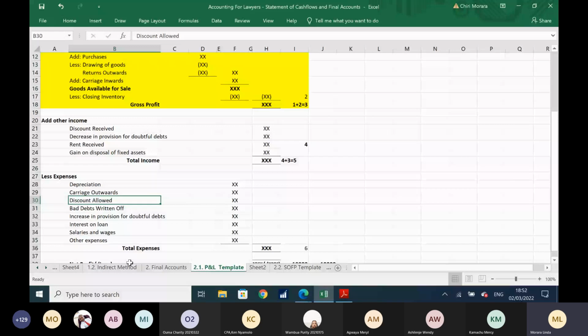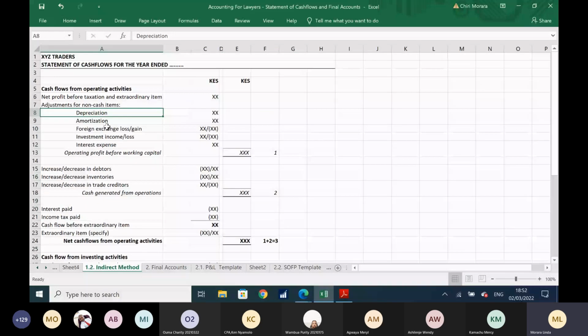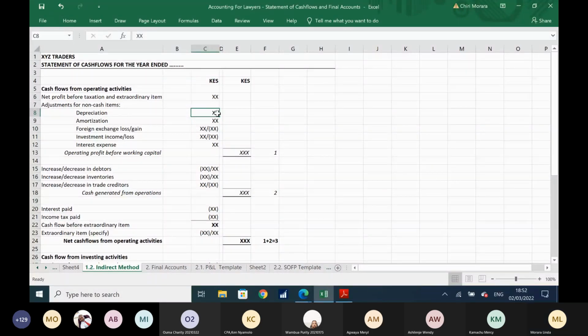So for the indirect method, you're adding it back, because to get this net profit I had already deducted my depreciation, but it is not a cash item. So for the purposes of my statement of cash flows, I should add it back, because I shouldn't have deducted it in the first place.